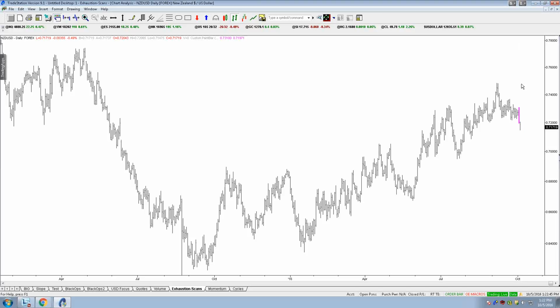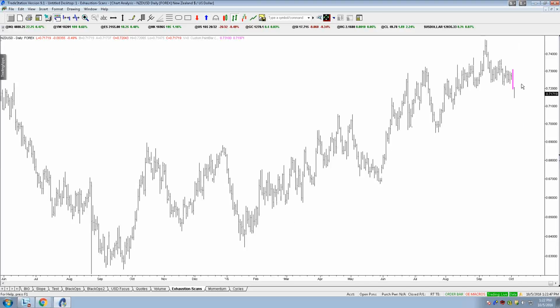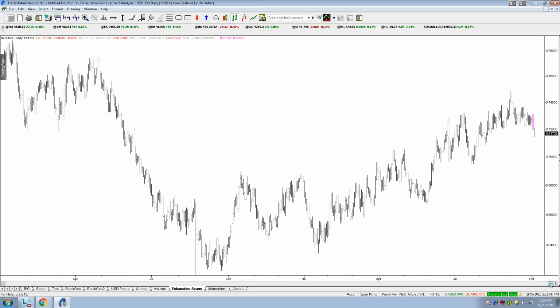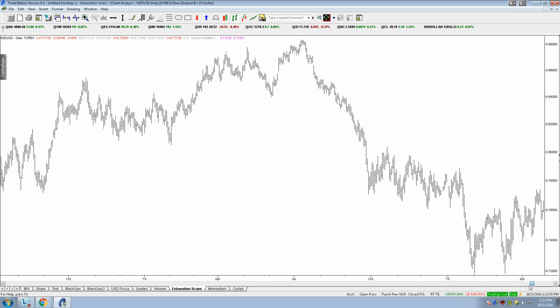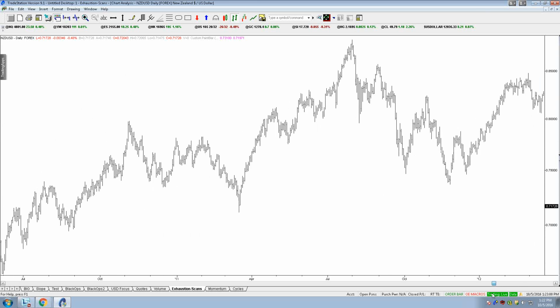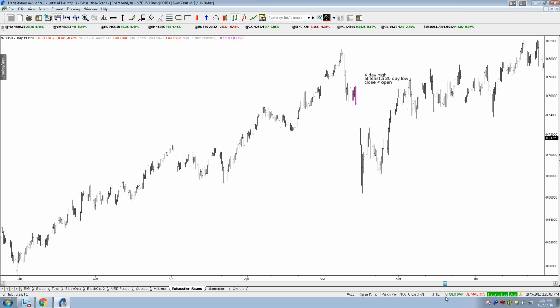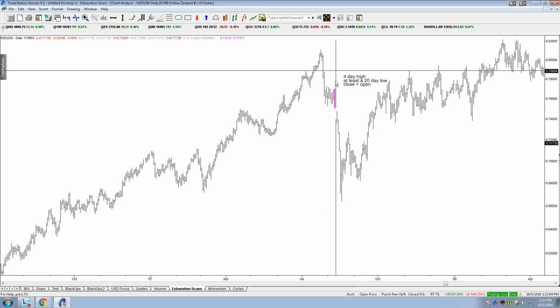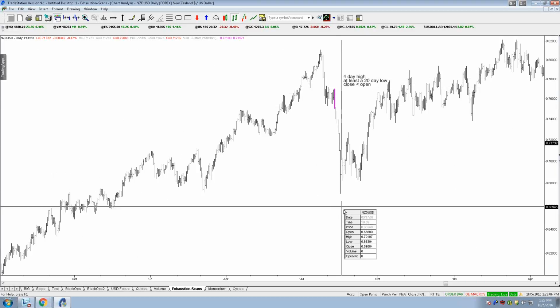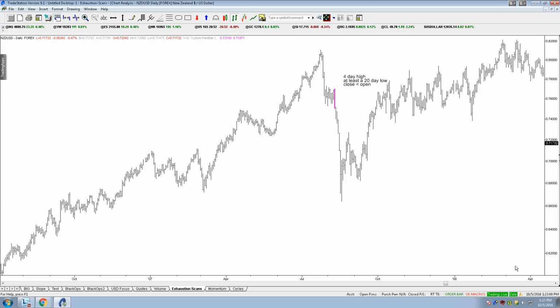We'll get there right after this. So here's the 4-day high and at least a 20-day low and a down day. Again, remember I said it hadn't happened since 2007, and the only time was way back when, right? Well, look what happened. Kiwi crashed after that. Obviously, we have a different dynamic here, but not saying it can't happen.